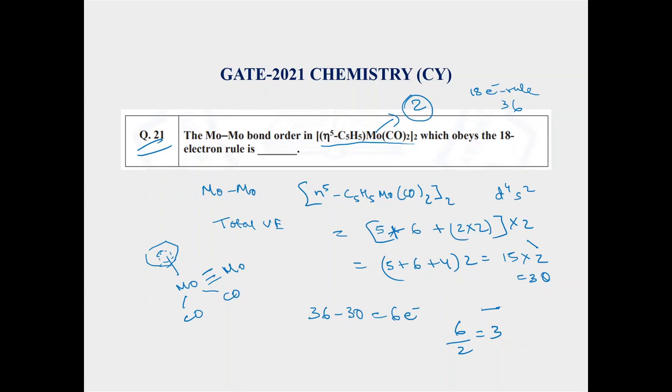So the answer to this question is 3. The Mo-Mo bond order in (η5-C5H5)Mo(CO)2 dimer, which obeys the 18 electron rule, is 3. Clear?